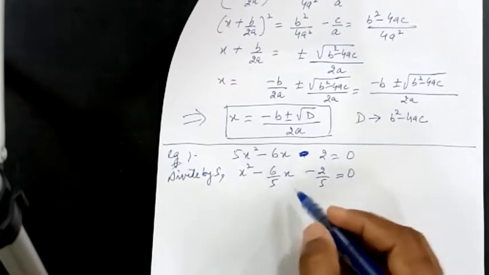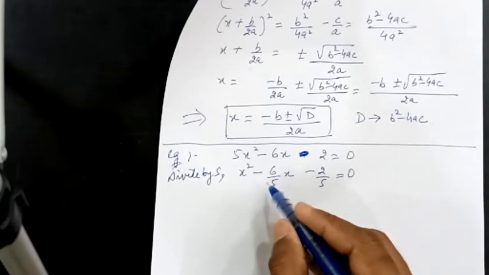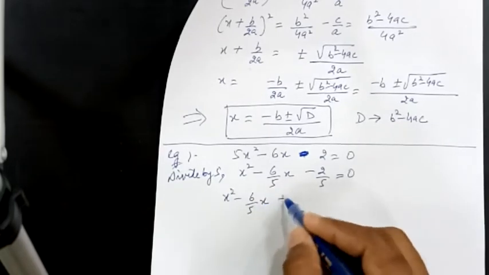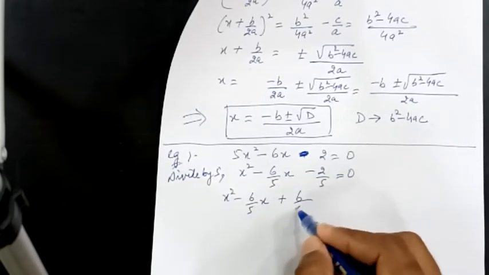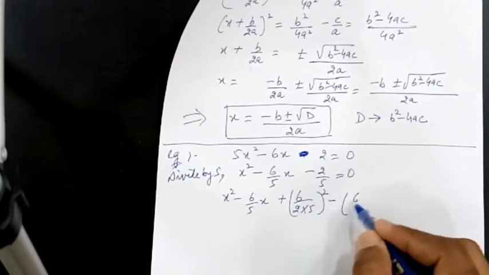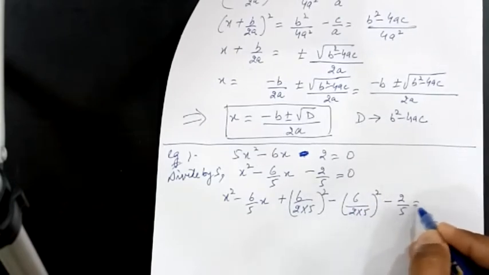Now take the coefficient of x, half it, and square it, as I have told you earlier. So what you will get is like this. Just step by step.